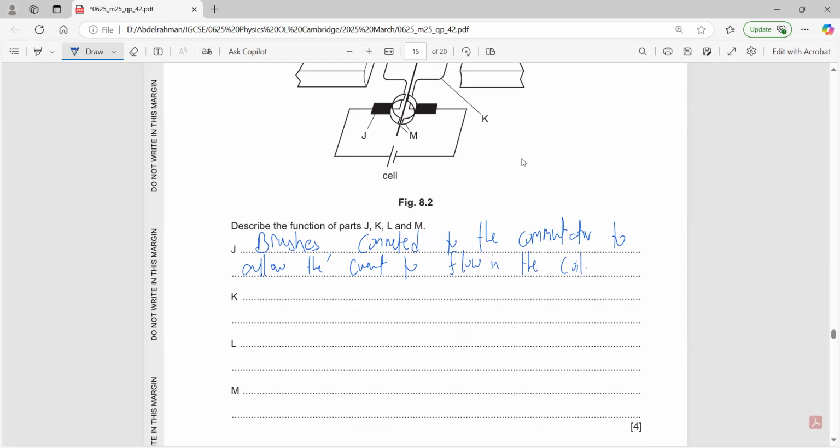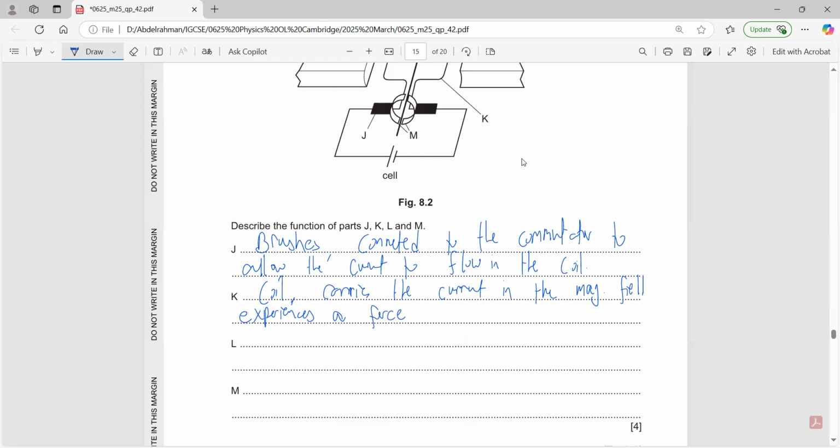K. What is K? K is the coil itself. It carries the current in the magnetic field, and it experiences a force due to the current in the magnetic field.